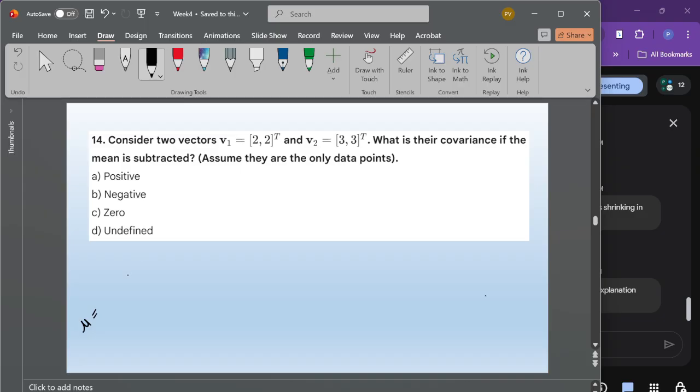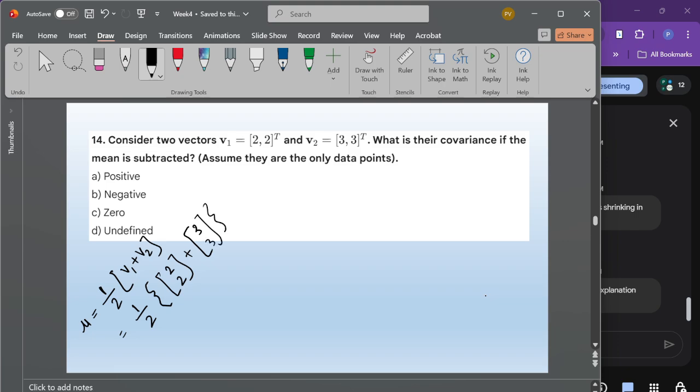So the mean of the given vectors is 1 by 2, that is v1 plus v2, where v1 and v2 are the vectors. If we want to add these vectors, I can write 2 and 2 here plus 3 and 3.